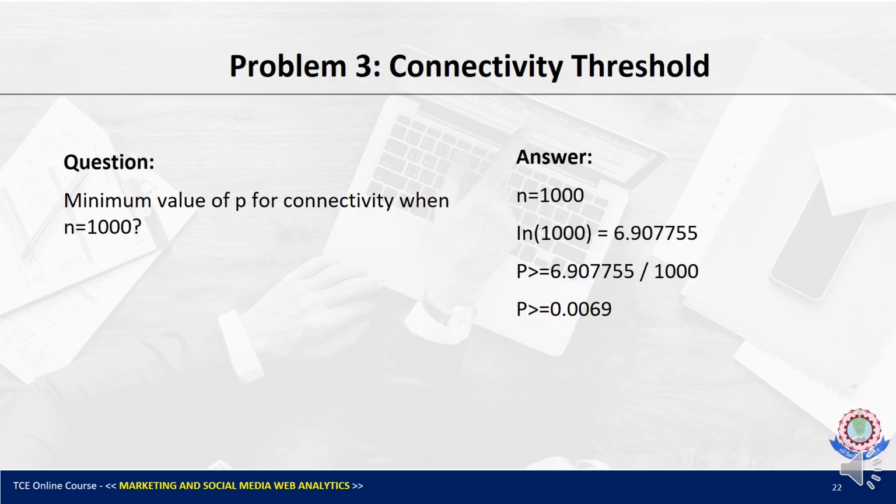So P is greater than or equal to 6.9075 divided by 1000. So P is greater than or equal to 0.0069. This means with just 0.69% probability per edge, the network suddenly becomes connected as a single giant component. This shows how little randomness is needed for large scale connectivity.